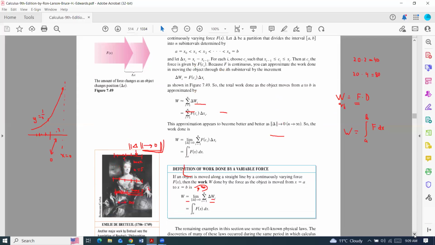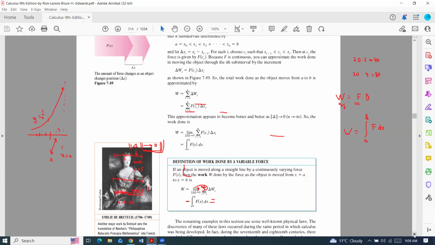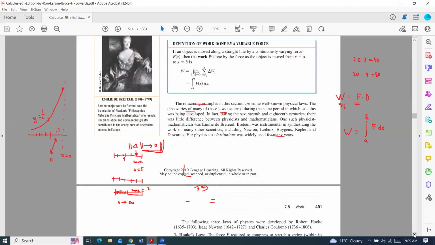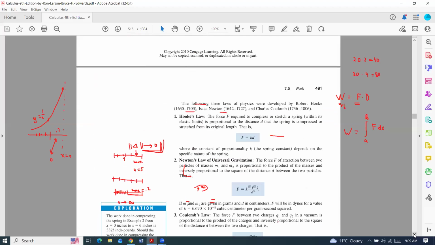So the point is, it gives us the ability to do a little more stuff with functions that vary, applying our calculus. So I want to look at, let's say, Hooke's law.